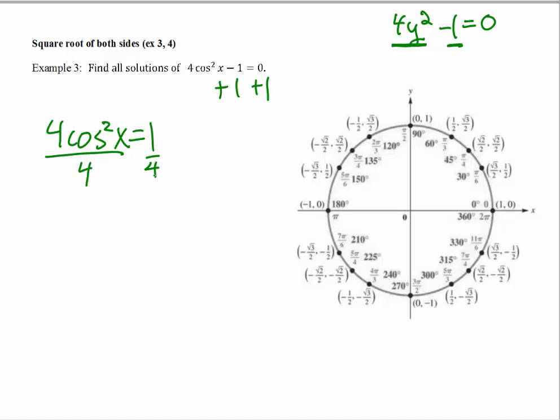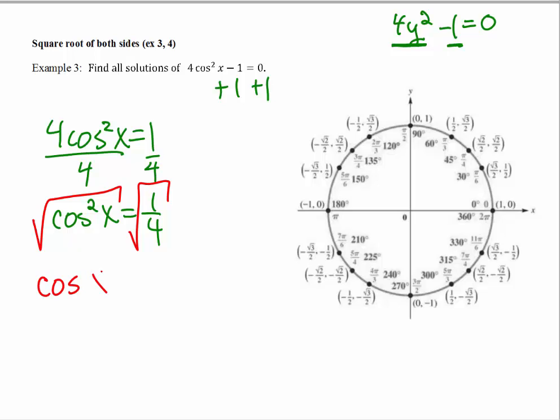So we want to get the numbers on one side, and then we want to isolate that trig function squared on one side. As soon as we isolate that trig function squared, then we want to take the square root of both sides of the equation. So now we're left with cosine x. So that's my goal, is just to get the trig function to the first power by itself. And when we take the square root of both sides, we want to make sure we put in the plus and minus.